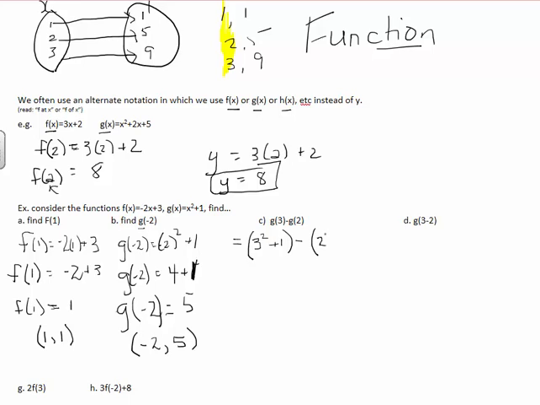Then we have 2 squared plus 1. It's really important that we solve our two functions first before we do the subtraction. That's the last thing. 9 plus 1 equals 10. Subtract 5 for a final answer of 5. So our g at 3 subtract g at 2 is equal to 5.